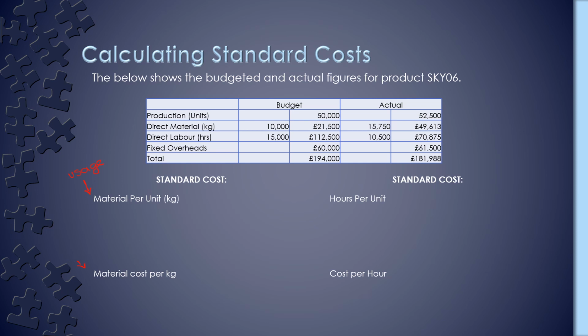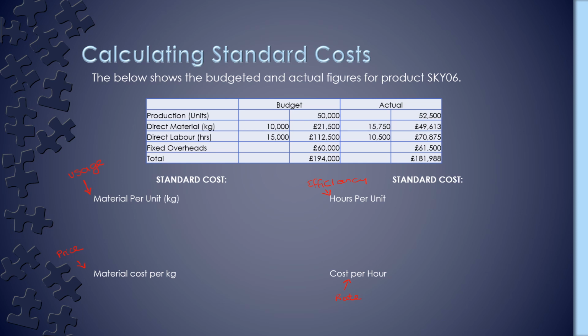This one here will be our material price variance. This one here will be our labour efficiency variance. And this is going to be our labour rate variance.